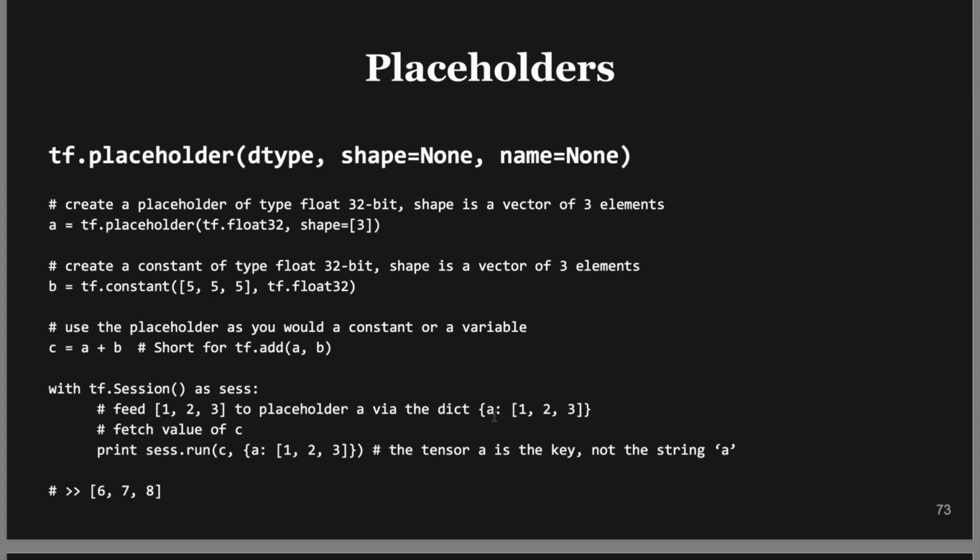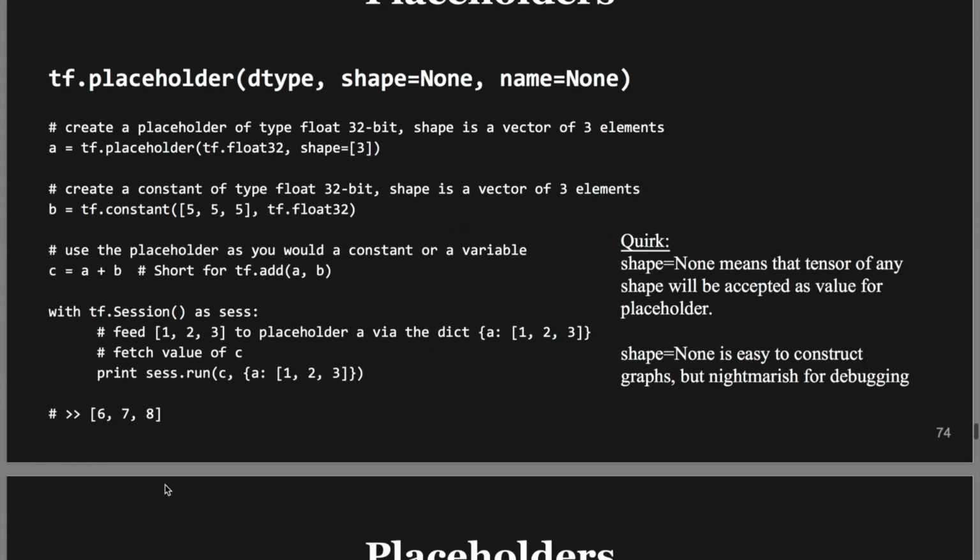So put the tensor, and there might be multiple tensors which are placeholders. You'll put the actual tensor A as the key, and now when you call ses.run, you define the operator that you want to run, C, and then the second argument is the dictionary of placeholders, in which case A is 1, 2, 3, and it will show you 6, 7, 8, the way you would expect it to.